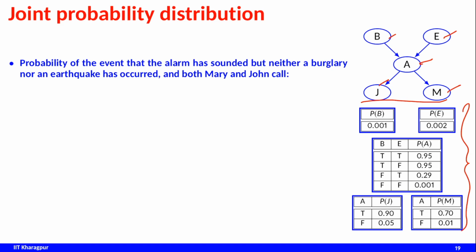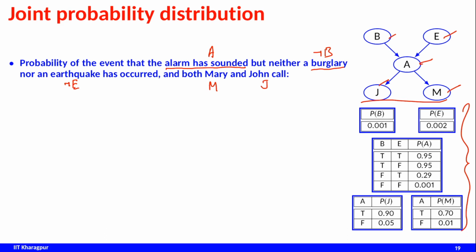Now somebody wants to reason about a query, like the probability of the event that the alarm has sounded, so effectively I would like to find A, but neither a burglary nor an earthquake has occurred, so not B and not E, and both Mary calls and John calls. So effectively I want the joint probability where A happens, B does not happen, E does not happen, but M and J both happen.